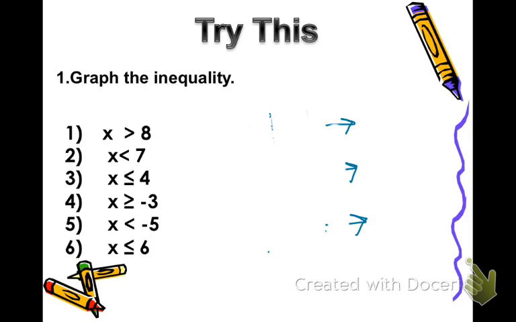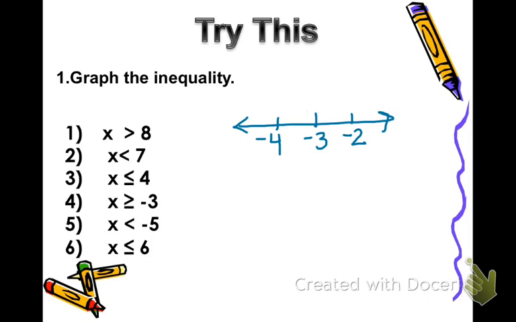Free up a little bit of space here. For x is greater than or equal to -3, make sure that you have the correct numbers to the right as it's approaching 0 and to the left, getting farther from 0. It would be a closed circle, and it points to the right.